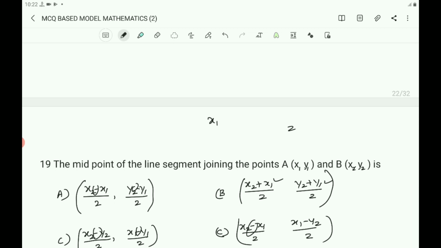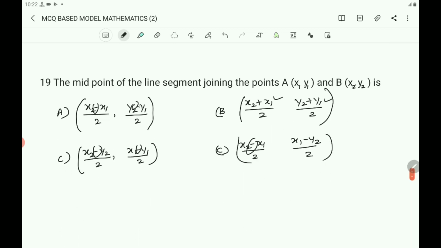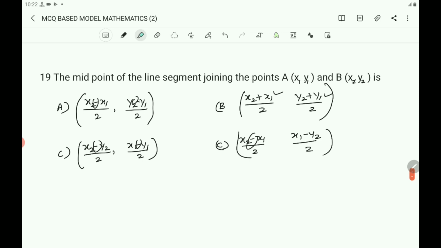Now let us take the 19th question. What is that 19th question? The midpoint of the line segment joining the points A(x1, y1), B(x2, y2). You must know the midpoint formula. What is that midpoint formula?